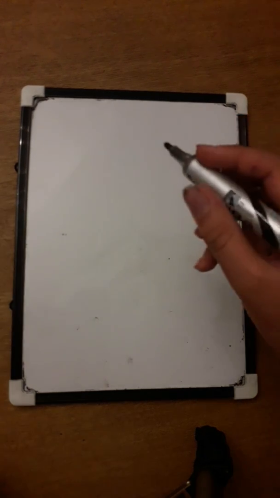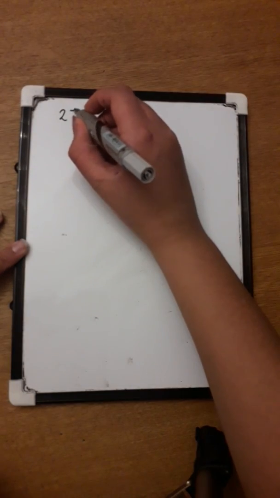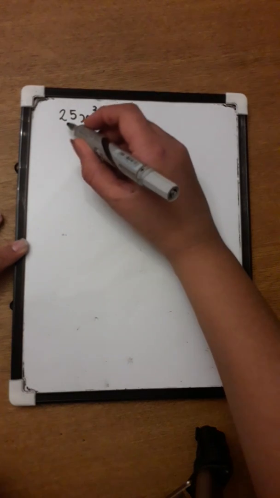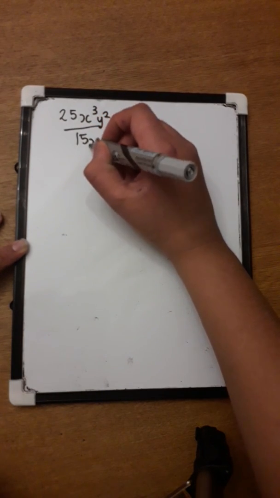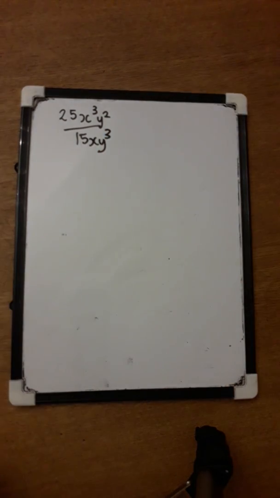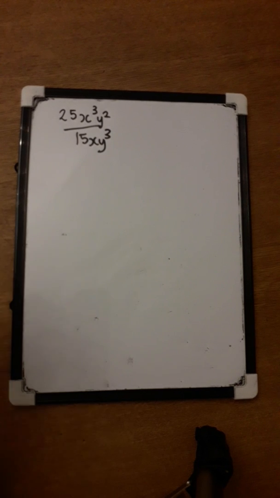So I'm going to start off today's video with a little example of perhaps a grade 8 example. This is just a quick simplification of 25x cubed y squared over 15xy cubed. What we have to do is simplify this expression.